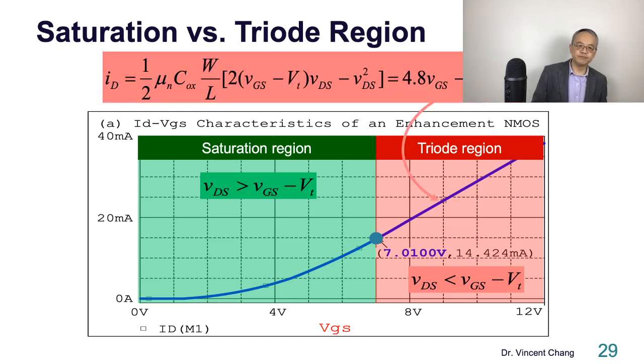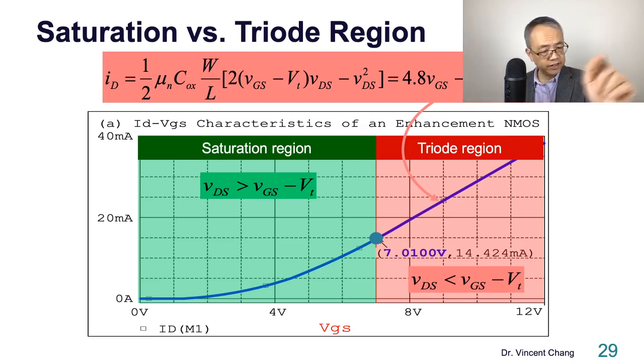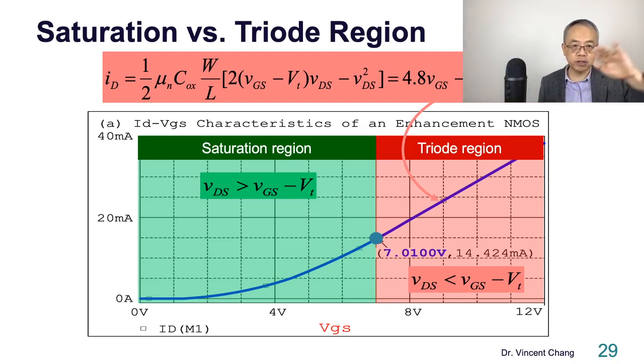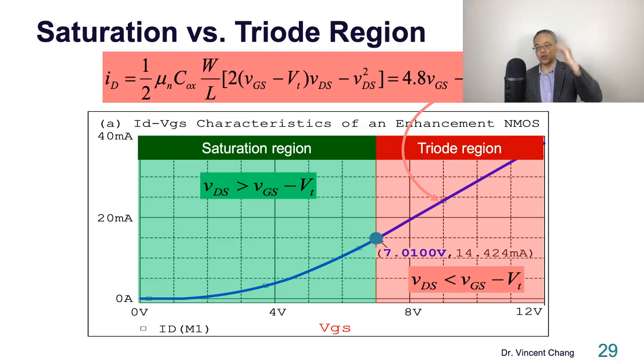Triode region. So what's the equation for the triode region? You just pull out the equation for the triode region and plug in all the numbers, you will see the linear equation between ID and VGS. ID versus VGS turns into a straight line. This is why.